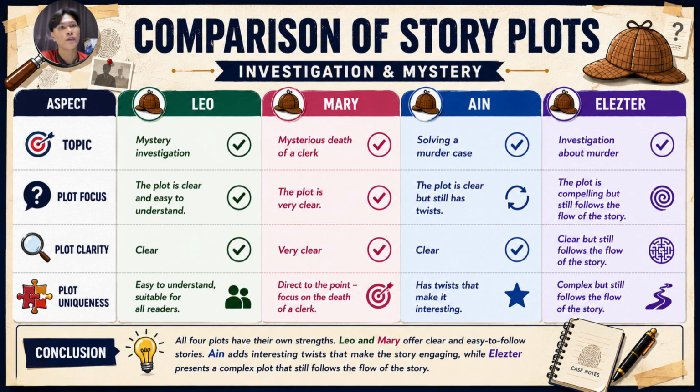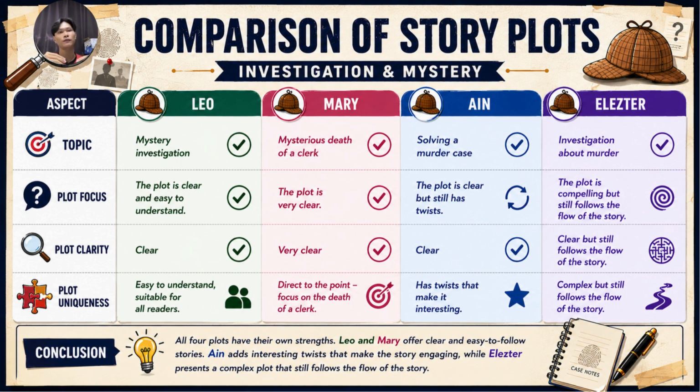Next is the comparison of the story plot. All of us agree that the story is a mystery and investigation. However, we describe the plot differently. I think the plot is clear and easy to understand, making it suitable for all readers.